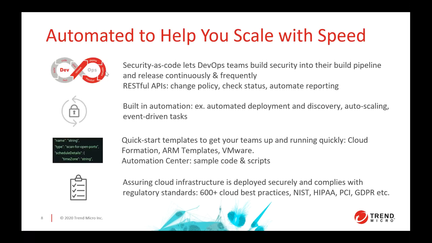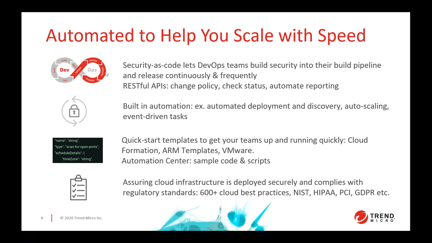This is completely automated, Cloud One Conformity. As you know, the DevOps team includes multiple stakeholders, and they will be building lots of applications and code at the cloud level, and we are providing automated reporting and automated security for DevOps environments as well.